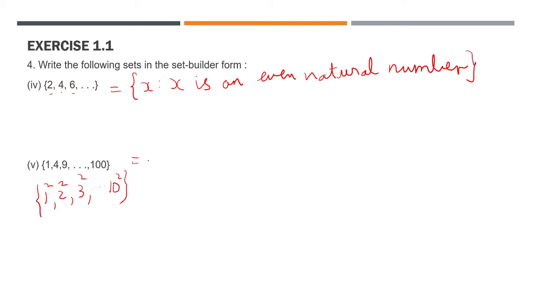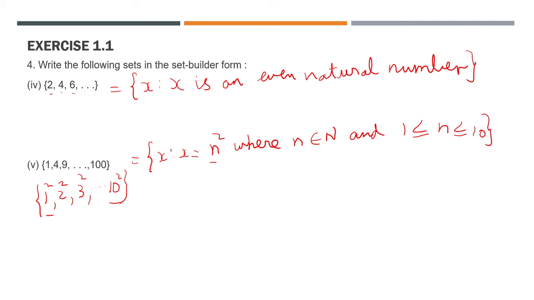So this is equal to the set of all x such that x equals n squared, where n is a natural number and n varies from 1 to 10, that is 1 less than or equal to n less than or equal to 10. So this is how we can write the given roster form notation in set builder form.